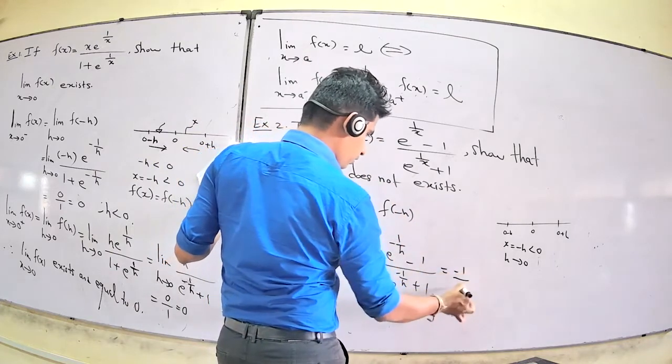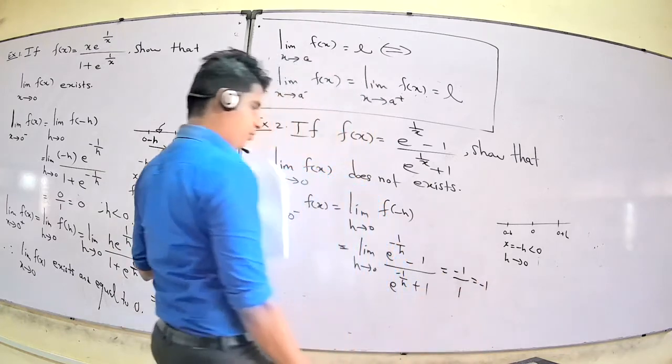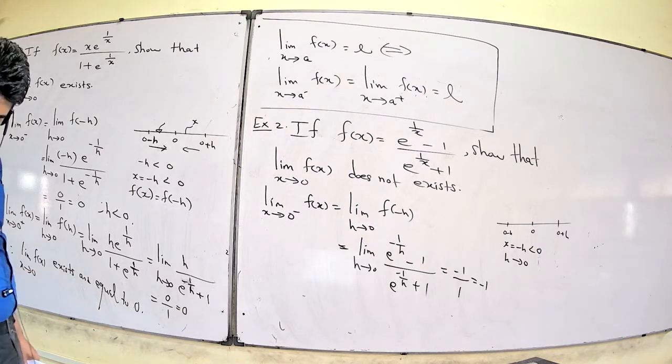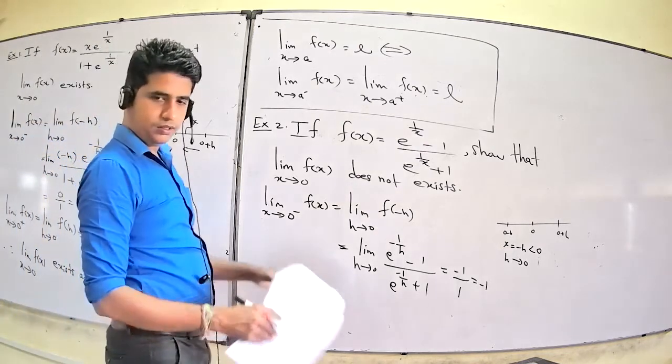Therefore minus 1 over 1, therefore minus 1. Okay, this limit is minus 1.